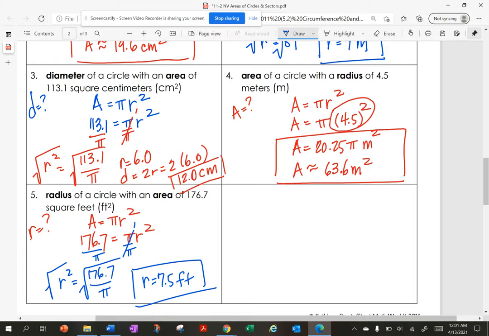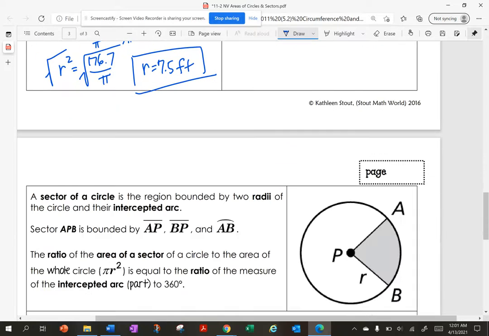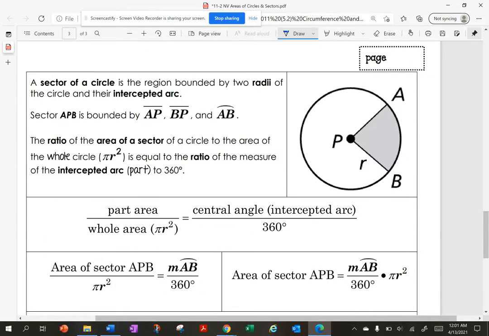Okay, so that's for area of a circle. So I can solve for the area, the radius, or the diameter. All right, let's talk about sectors now. So what's a sector? A sector is an area that's bounded by 2 radii of a circle and the intercepted arc. So it's a portion of a circle, and it can be the larger portion or the smaller portion, not just the smaller portion.